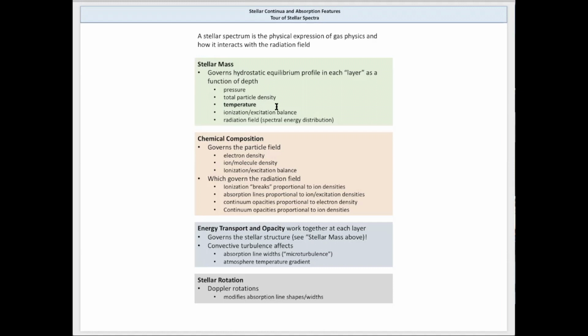If you see an H alpha absorption line, what element does that come from? Hydrogen. What kind of hydrogen? Hydrogen with one electron. Neutral.